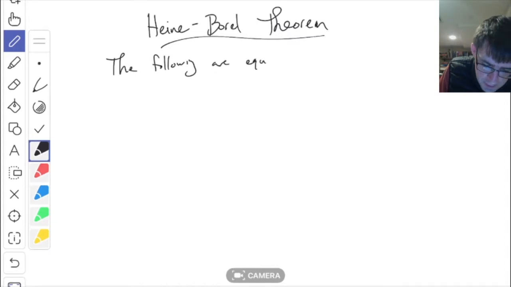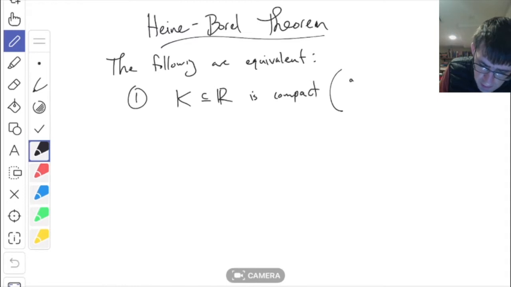I wrote this at the end last time, but I might as well write it again. The Heine-Borel Theorem. It's a big name theorem. So number one, some set K, subset of R, is compact. All right? And remember, the definition of compact means any sequence in K has a convergent subsequence with its limit in K, right?